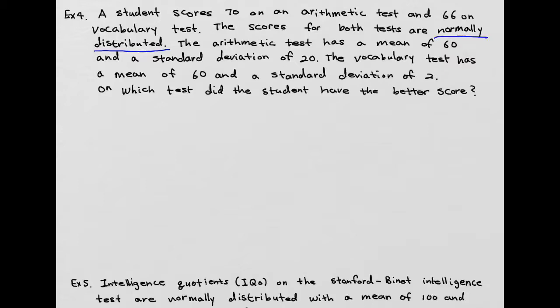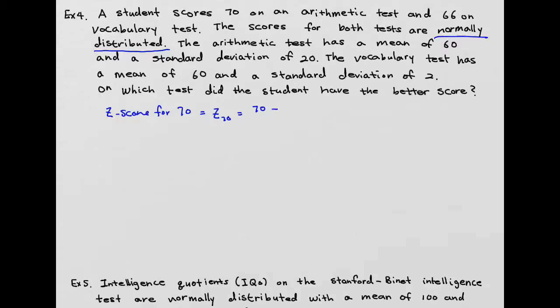In order to find the z-score for 70, you're going to do 70 minus your mean.